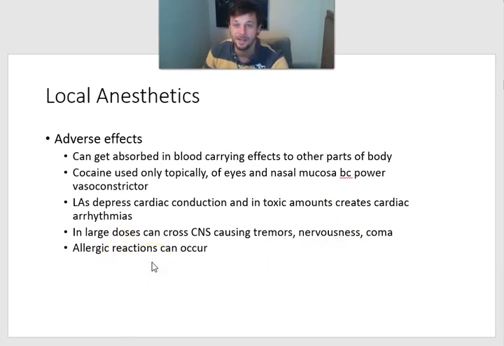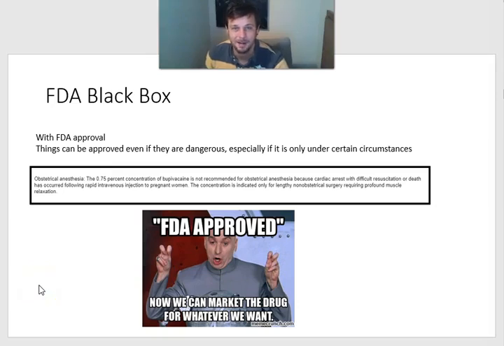Of course, with all things, allergic reactions are possible. Stuff like rashes, swelling, anaphylaxis. These do have an FDA black box, like bupivacaine. It's not recommended for obstetrics because it can cause cardiac arrest. And what an FDA black box is, it is literally just a black box in the FDA approval saying, don't do this.